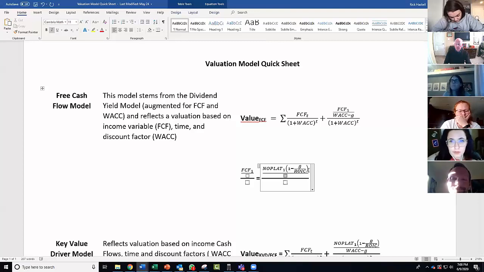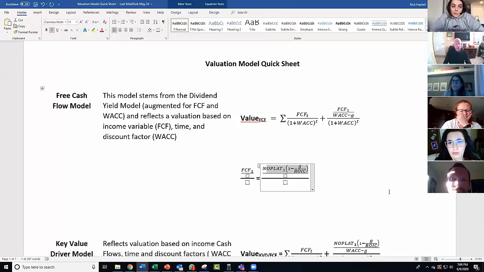It's a given. Given my equation for free cash flow, do I come up with the same value necessarily that I come up with when I take NOPLAT times 1 minus g divided by ROIC? I don't, do I, Andrew? No. Yeah, and we know that from the second week of class.